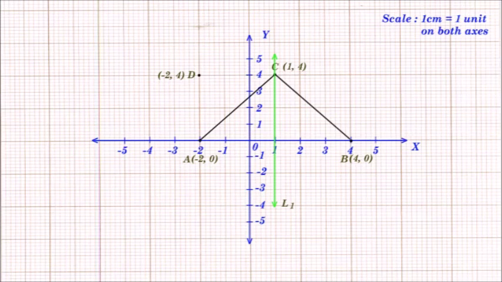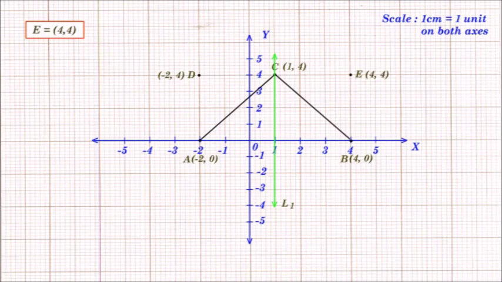Now if you observe, the distance of the point D from this line is 3 units. So the distance of the point E from this line should be again 3 units, but on the opposite side. So we mark the point E with coordinates as 4, 4.